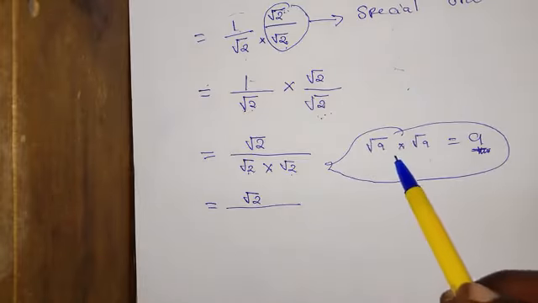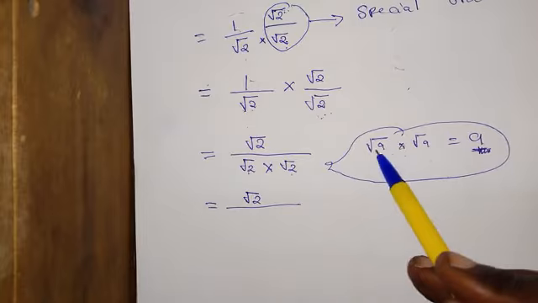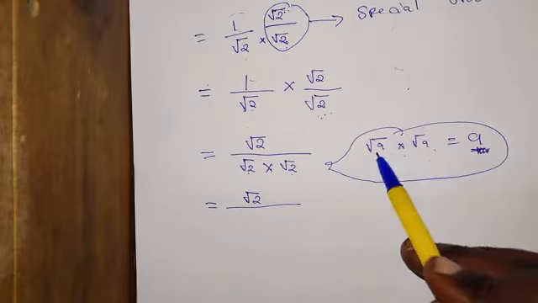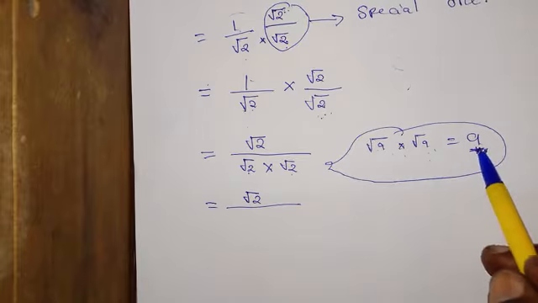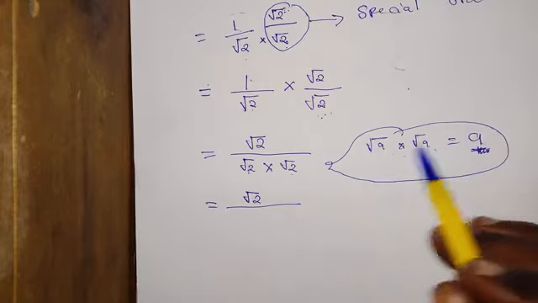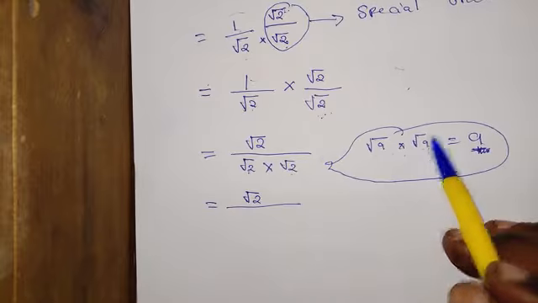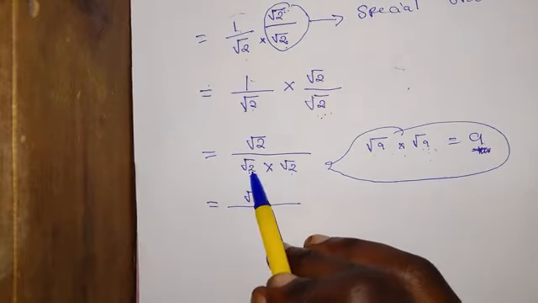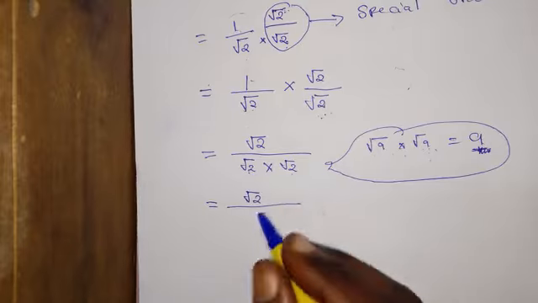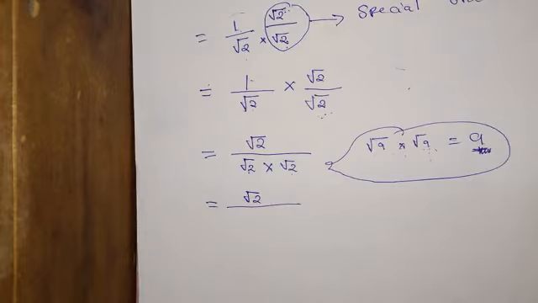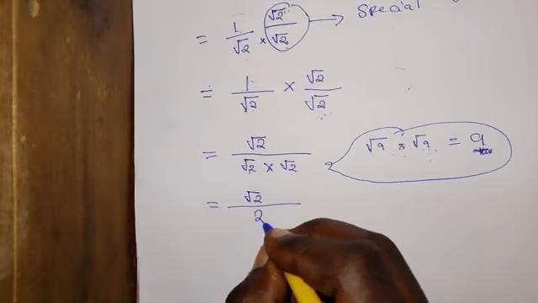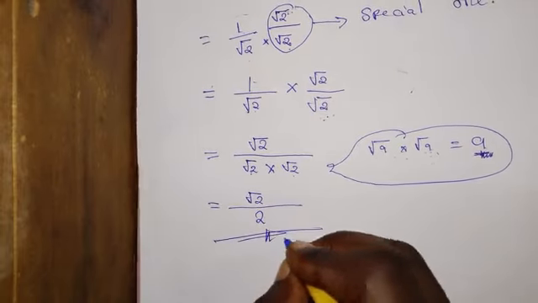So this is a property which we talked about in the previous video: root a multiplied by root a will just basically give us an a. These two radicals will cancel out each other. So this is what is happening here. Root 2 multiplied by root 2, what we are just going to have is a 2, and this is our answer.